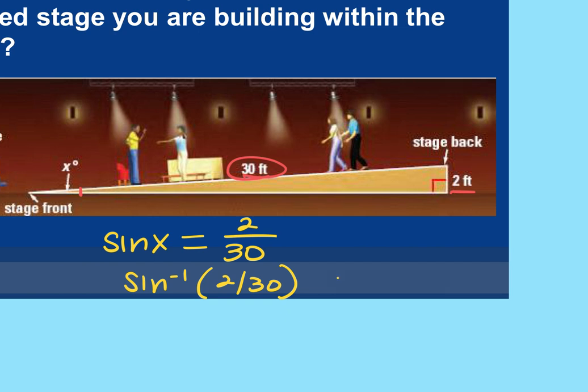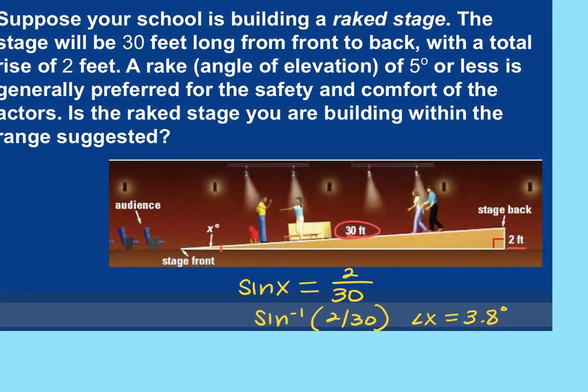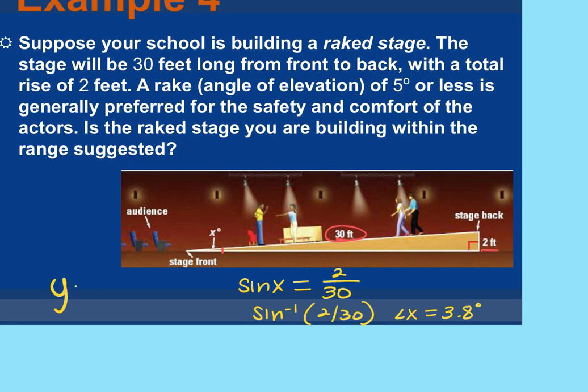And I get that angle x equals 3.8 degrees. So is that within the range suggested? Yes, because it had to be less than 5. It said 5 or less than, right? Questions?